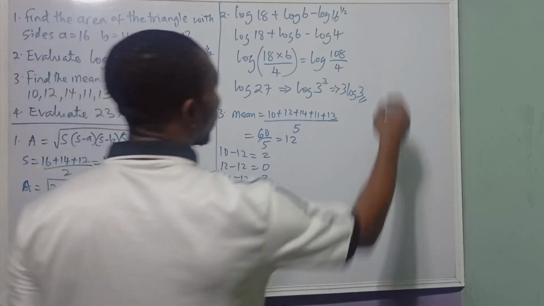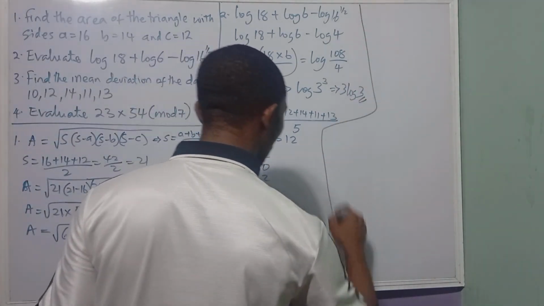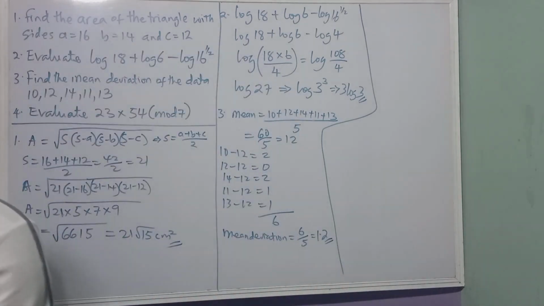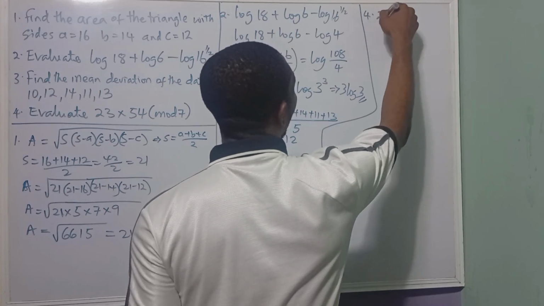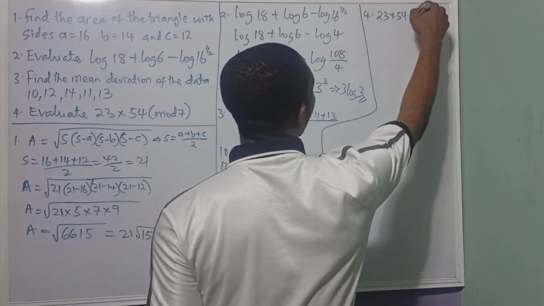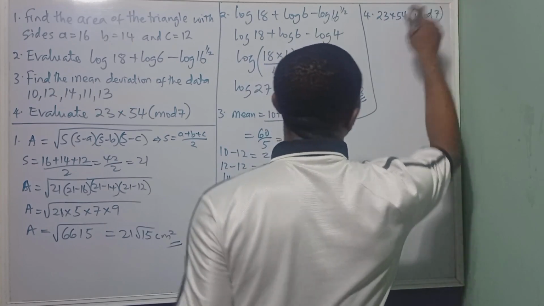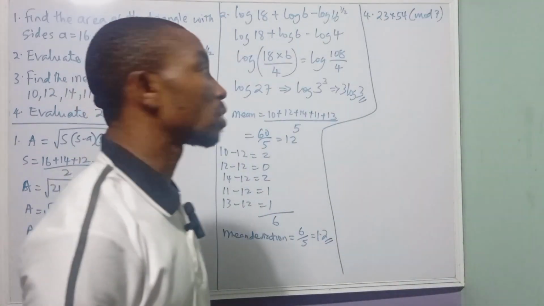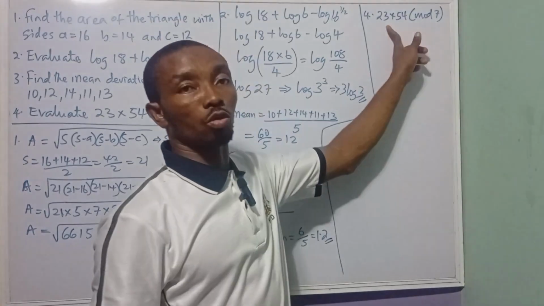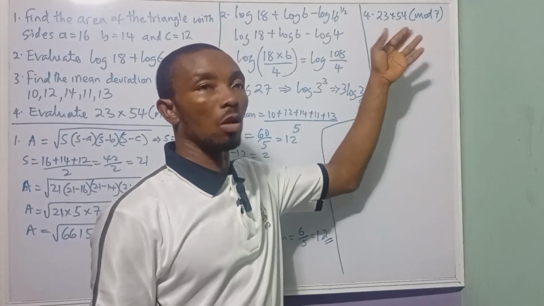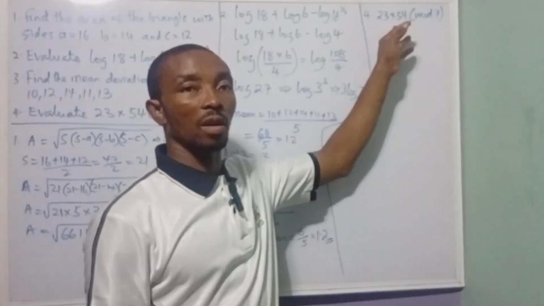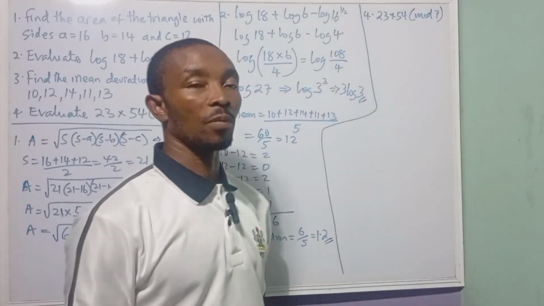All right, and to the fourth question, it says evaluate 23 times 54 mod 7. Now, there are two ways to do this. We can multiply together and find the result mod 7, or we can do it individually and still get our answer right.